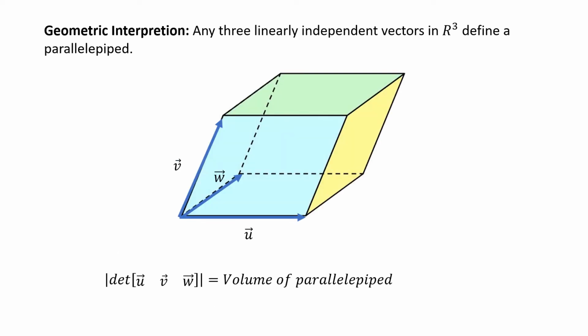That same idea applies to 3 dimensions. If we have any three-dimensional vectors, they form what is called a parallelepiped. So they form this object where the corresponding edges are parallel. The determinant of the matrix formed by sticking those 3 vectors together is the volume of that parallelepiped.